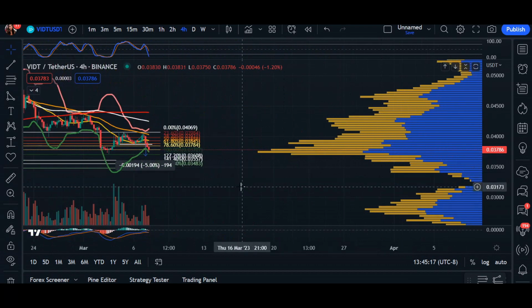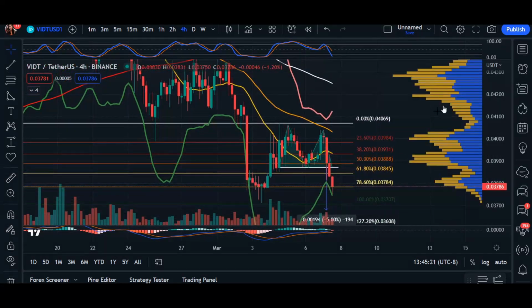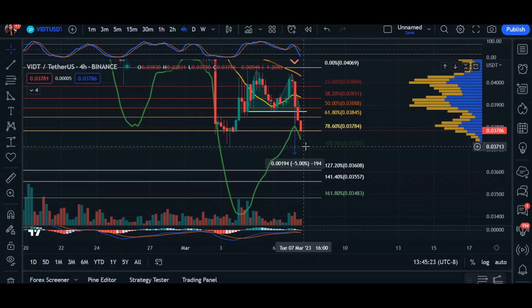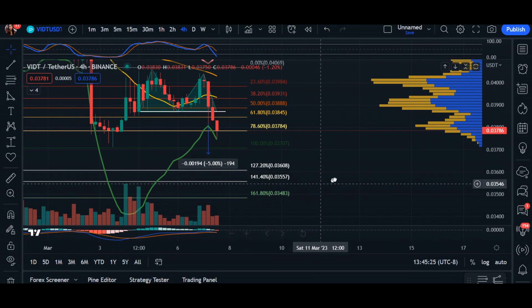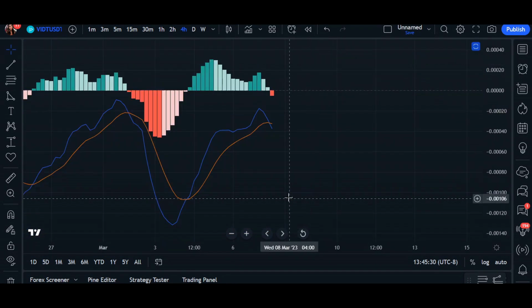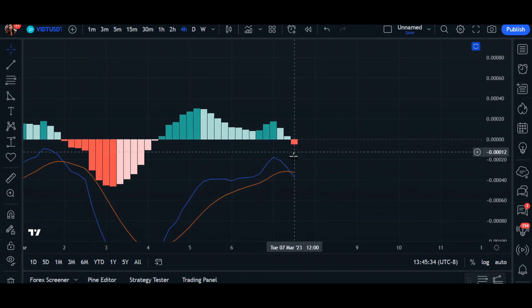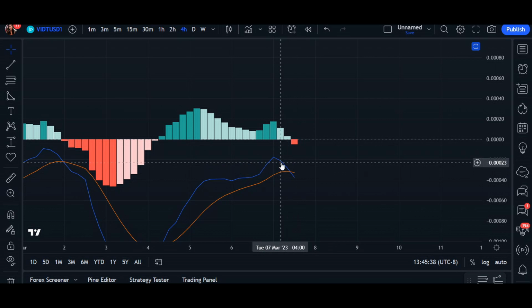Now, one of the things that we do see that's going to heavily impact the area of support we are going to be seeing in the next couple of hours is the momentum measured by our MACD indicator at the very bottom here. We can see the MACD indicator has already initiated that sell off. We do see that our signal line and our MACD line are below 0.